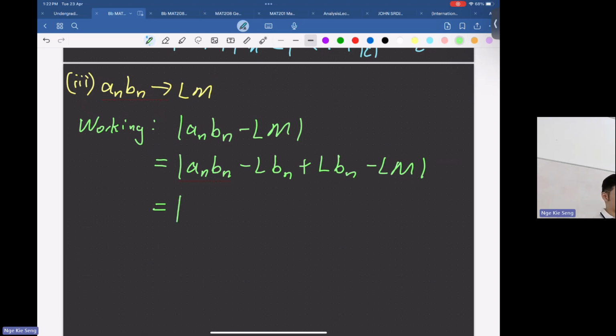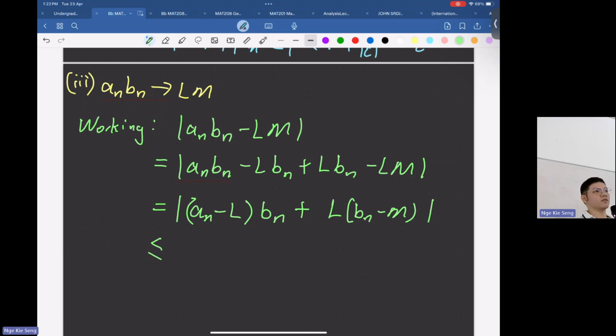Because you can see that there are two terms with bn, two terms with l. So we can factorize bn on one side and then factorize l on the other side. And what else can we do? We can now apply the triangle inequality here because we want to split the sum. Whenever we want to split a sum, we can apply the triangle inequality. So what triangle inequality can I get here?